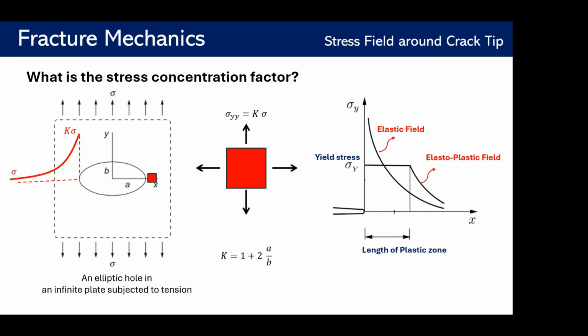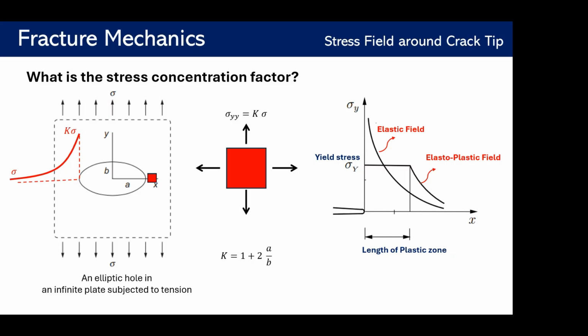But when A over B increases, for example, when B is very smaller than A, K is going to become infinite. The stress concentration factor when A over B is very large increases to infinity.